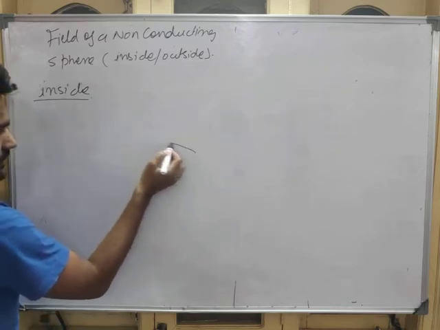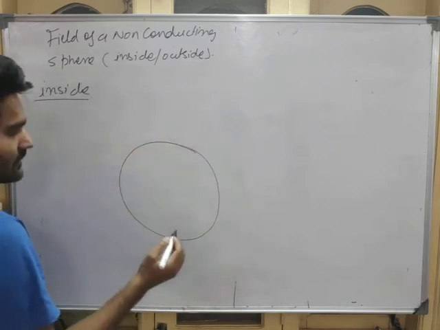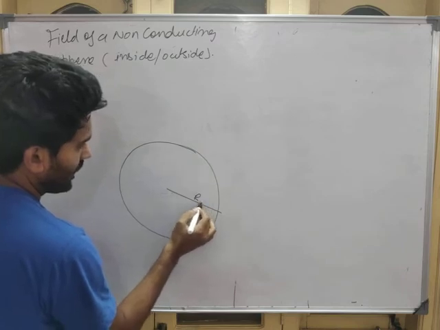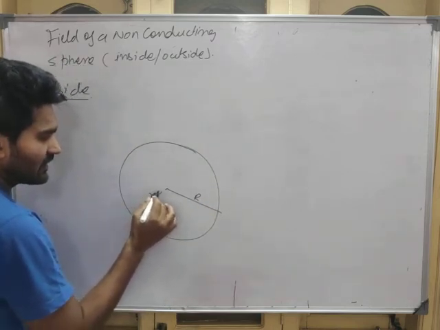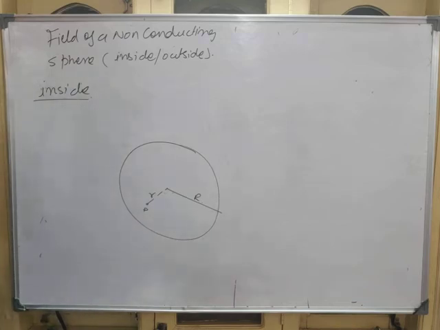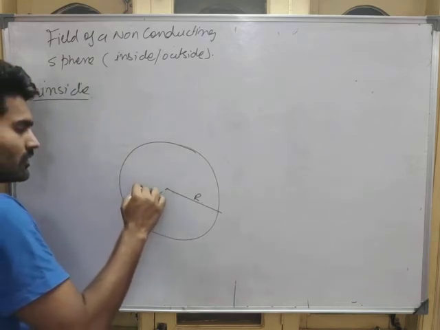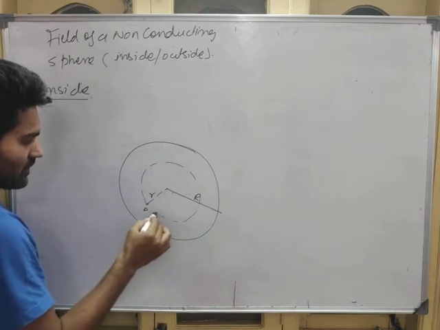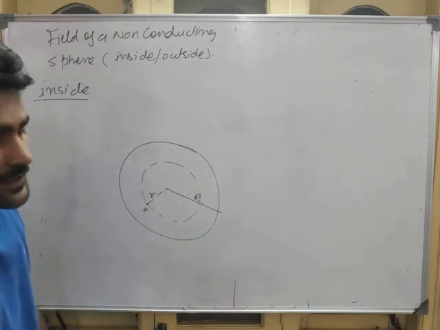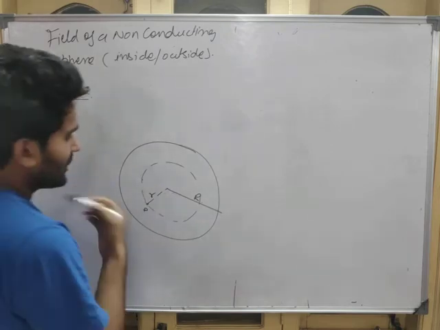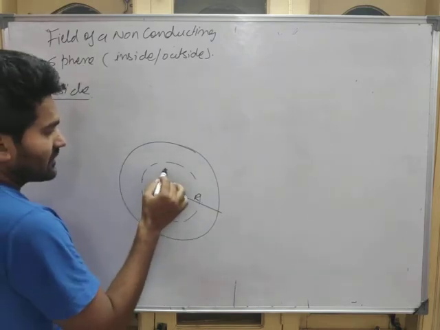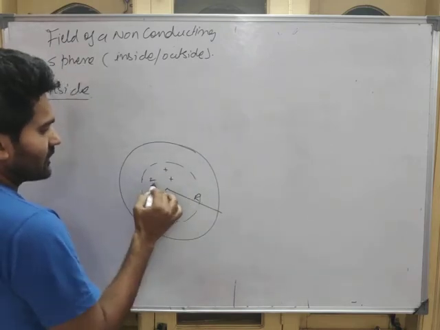So we have a sphere of radius capital R, and we have to find the field at some random point P, which is r distance away from the center. So what we will do again: we will make a sphere of small radius r. Now we will take the charge of this sphere only.